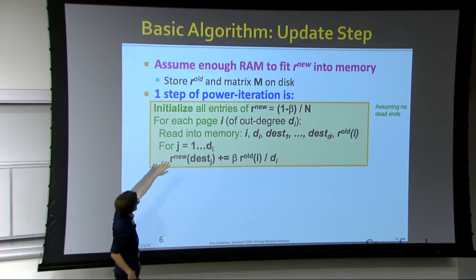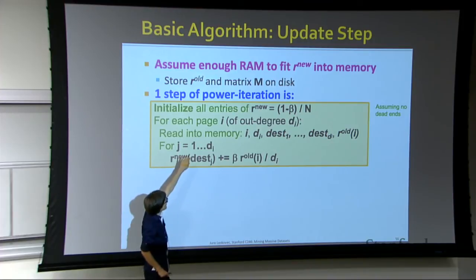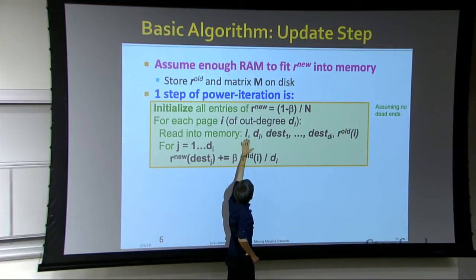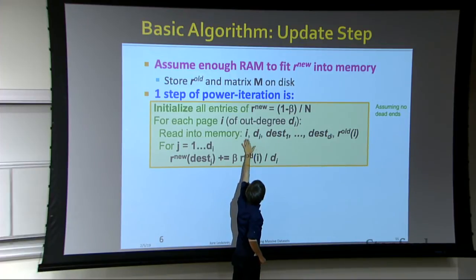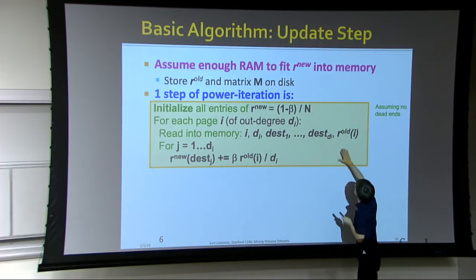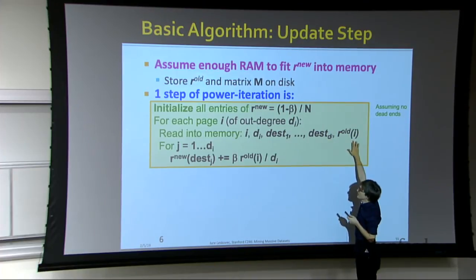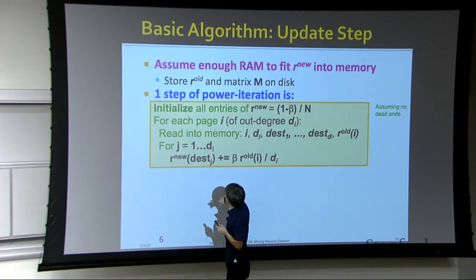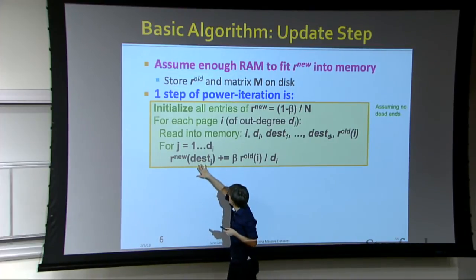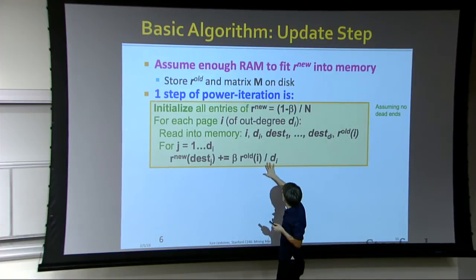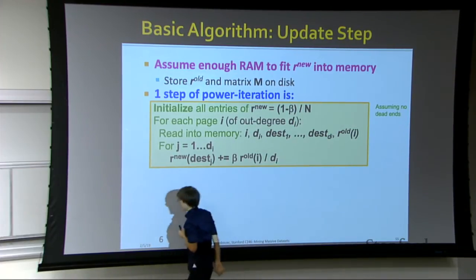I could initialize R new, and then for every page with some out degree, I read in the page, the degree, and the set of its destinations, plus the R old at that coordinate. And then for all of the destinations, R new at that destination is R old times beta divided by the out degree of that node i.